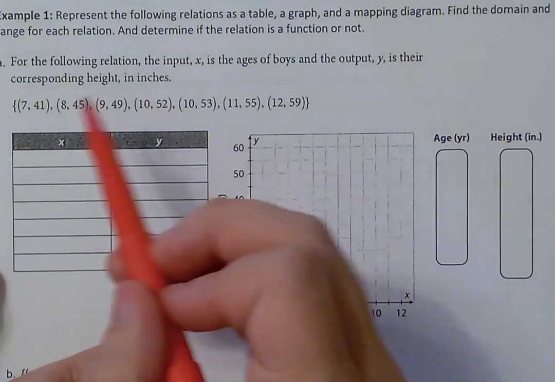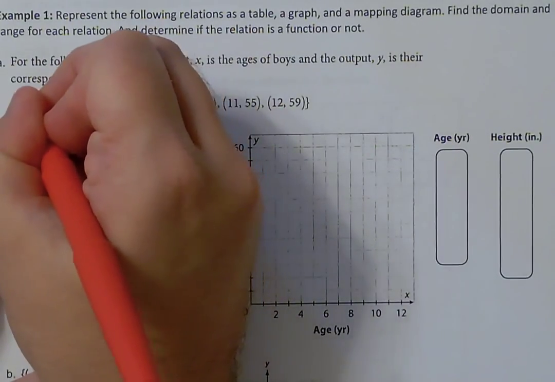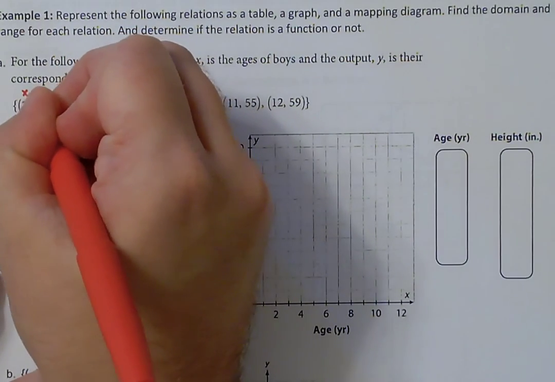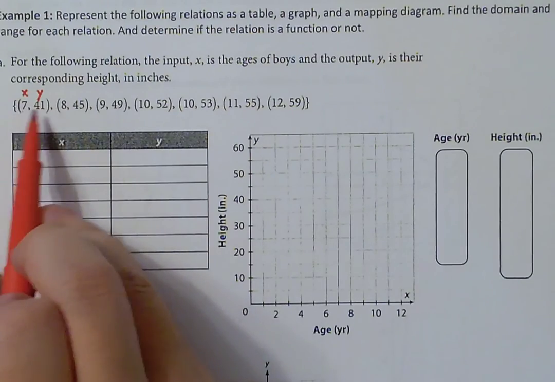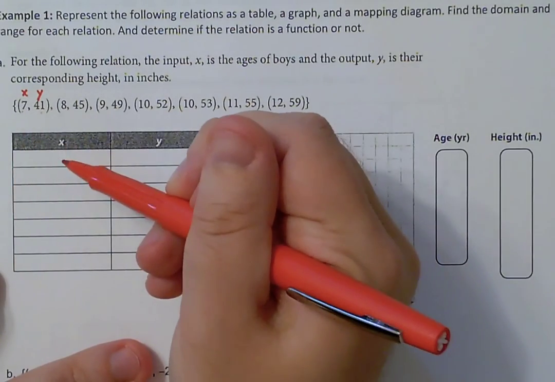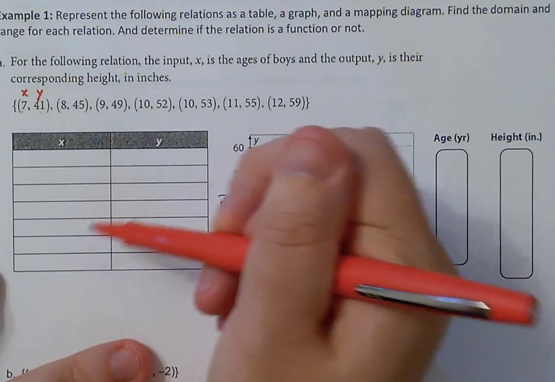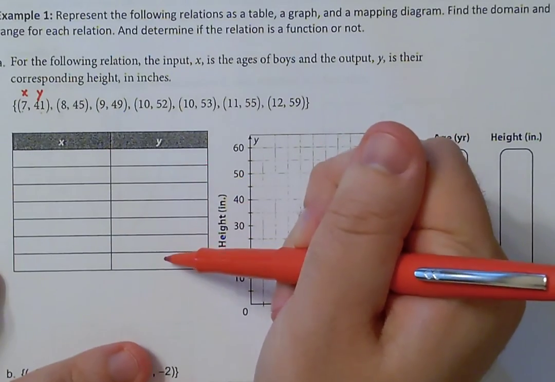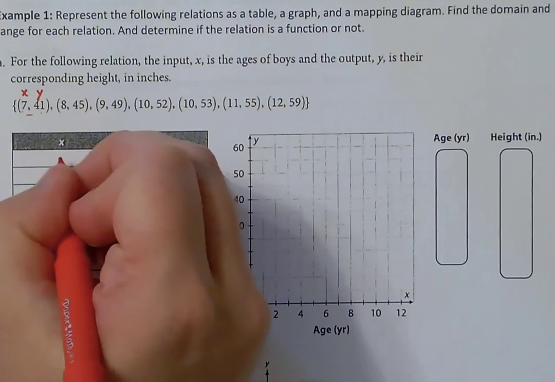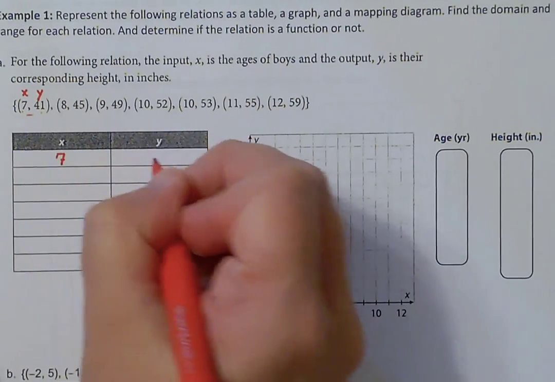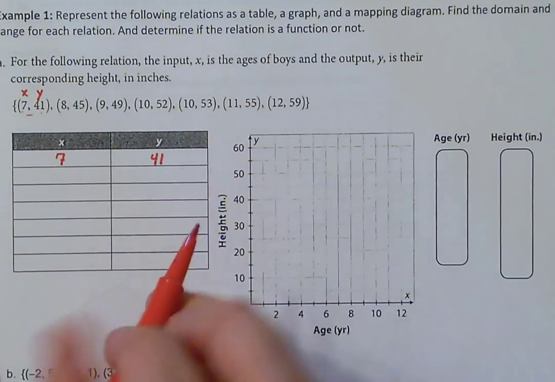To do a table, the first number in your ordered pair is your x, and the second number in your ordered pair is your y. So x comma y, meaning I need to list all my x values and then their corresponding y values. So my first ordered pair is (7, 41). So x is 7, y is 41.